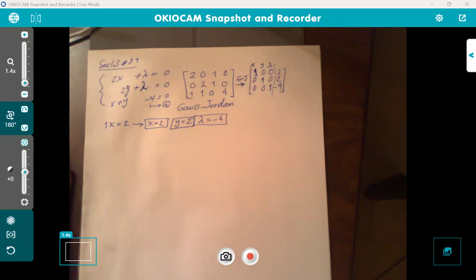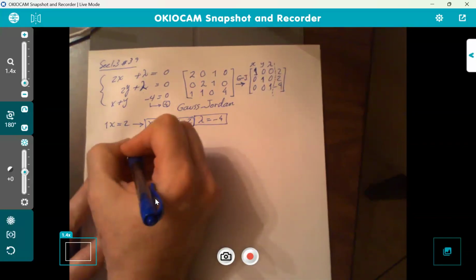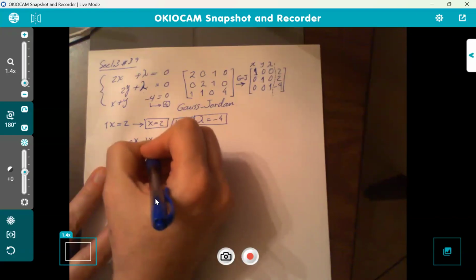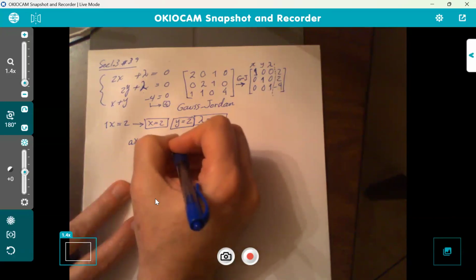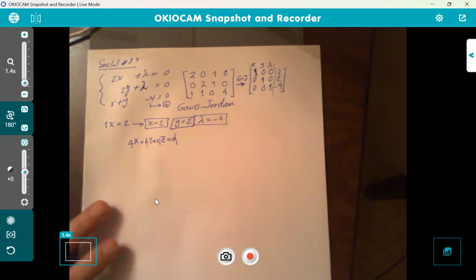The reason, let me switch. Okay. The reason is because all our systems, so I'm just going to write it in general. Let's say I have A x plus B y plus C z equal D. And let's go A1, B1, C1, D1, like that.